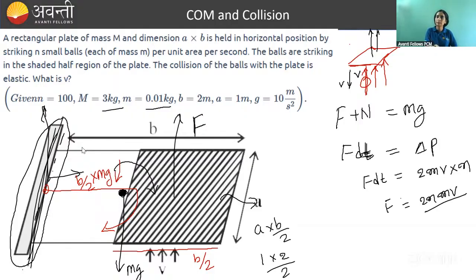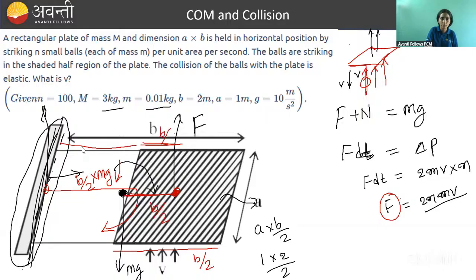What will be the other torque? The other torque will be because of force F. Where will be the center of this force F acting? This force F is acting throughout the surface area, so we can take the center at the center of this shaded area. So its center will be at a distance of how much from here? This is B by 2 and this is B by 4.